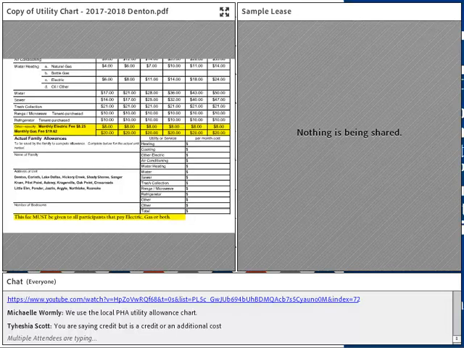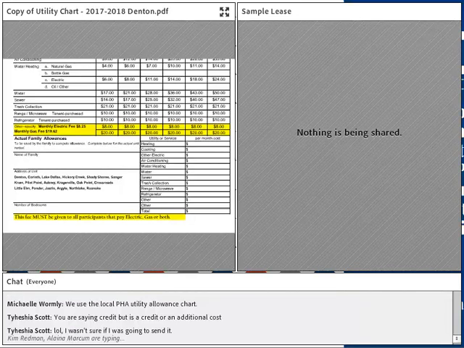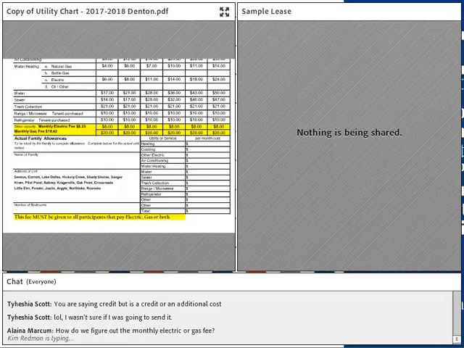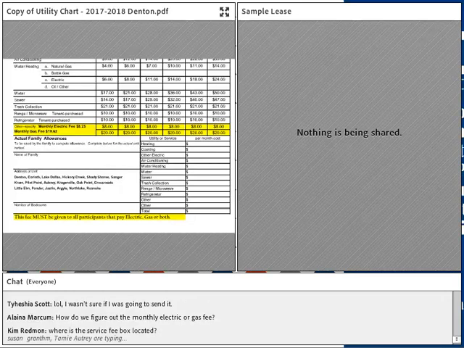For the purposes of this slide, they would get credit for that $8 utility electric fee. That's okay. No, that's fair. It's complex to talk about and it's complex to explain to other people. So if you guys have questions, this is what this webinar is. That's literally why we're here today.